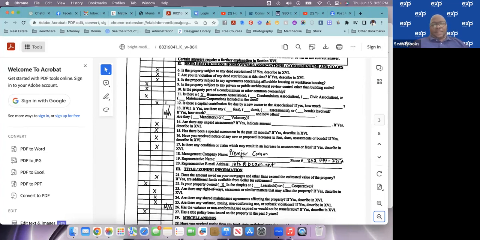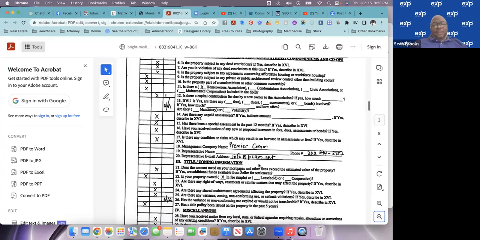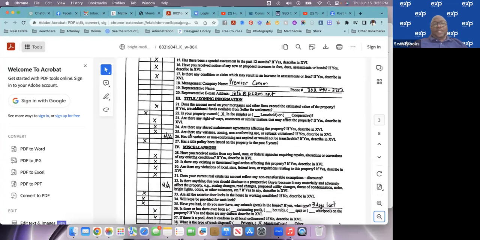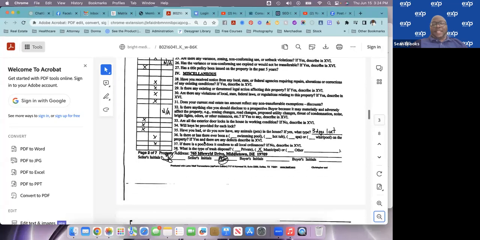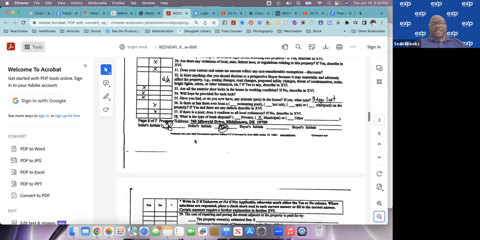It lists the company, sometimes the name of the person, and then the telephone number and the email address. So what I'm looking for is anywhere where it says yes. Fee simple, yes. Are there any doors? Yes, they're going to provide keys in this particular section. They'll ask you about pets.